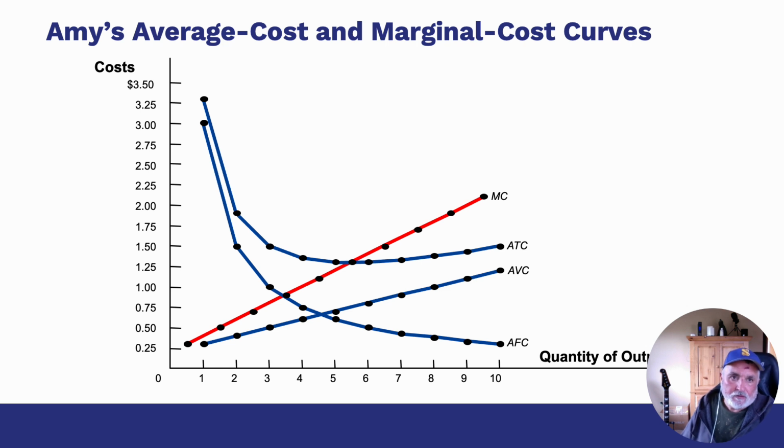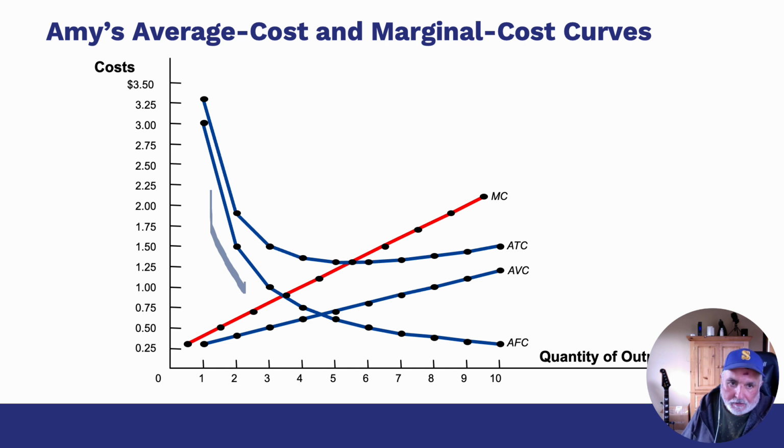All right, so the average fixed cost is the first one. It was just the $3 divided by 1, divided by 2, divided by 3. And so you can see here the average fixed cost curve does something unique, and that is that it falls really quickly at first and then continues to fall, but at a decreasing rate.